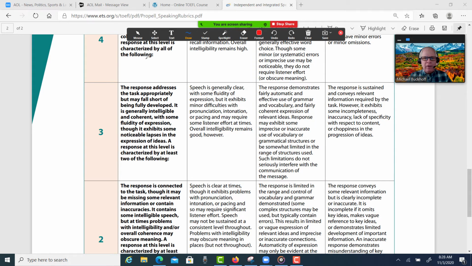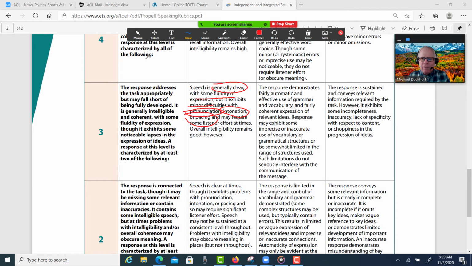So I think where it says speech is generally clear, yes, you have some fluidity of expression, right? But you have minor difficulties with pronunciation. For example, when you're describing the name of the plant, I wasn't quite sure what you were talking about. There were a few other words in there I couldn't quite hear. You can keep working, I think, on your tone and your pacing.